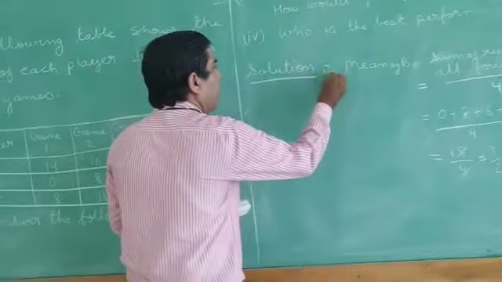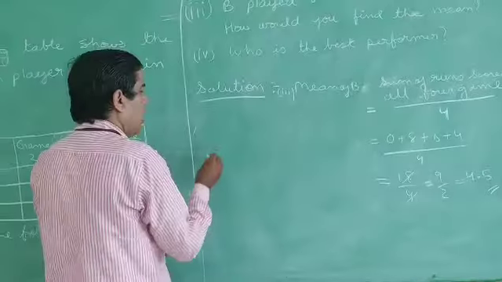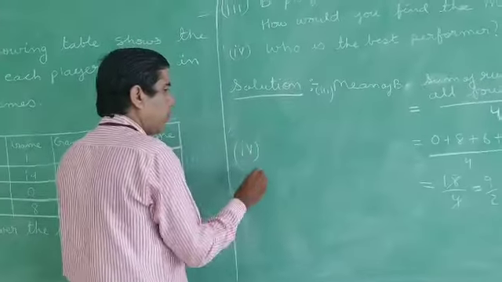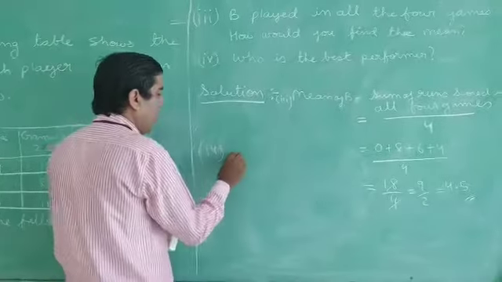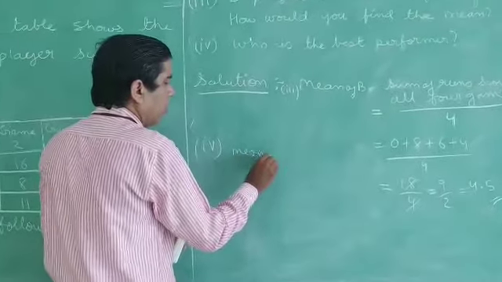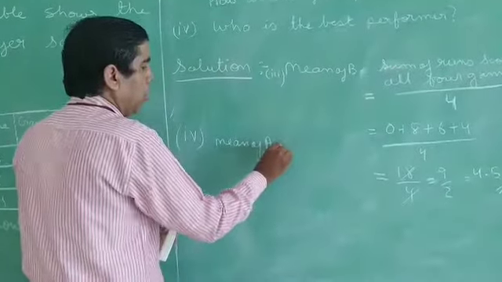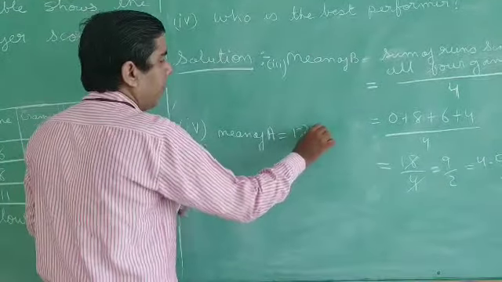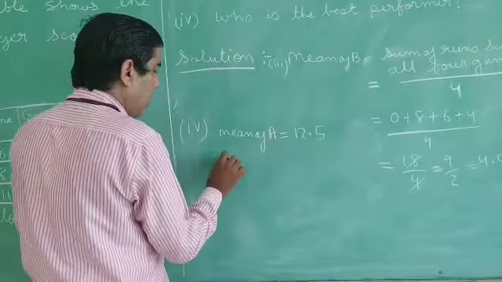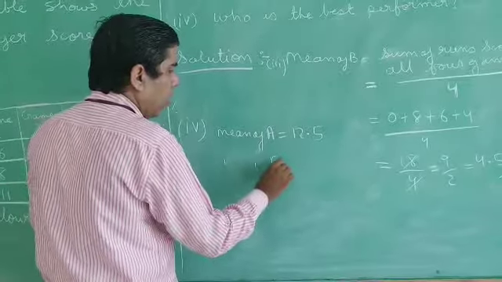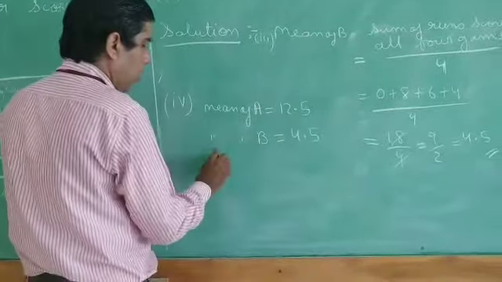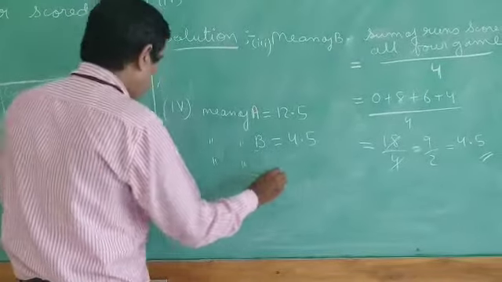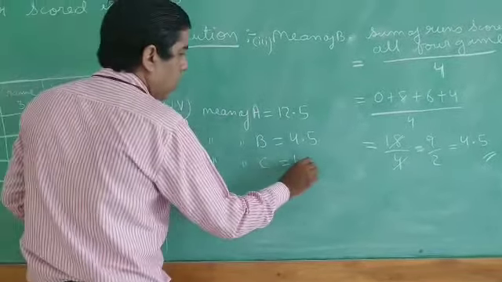This was the third part, and the fourth part: who is the best performer? Right here, first write the mean of A is how much? 12.5. And write the mean of B equal to 4.5. The mean of C, I already found here, 10.6.